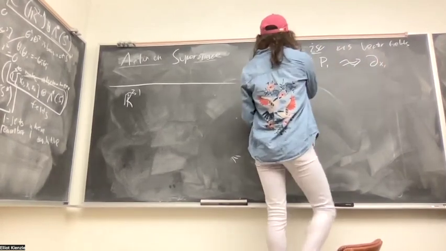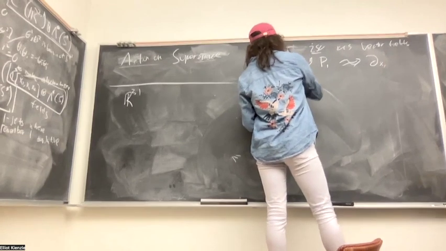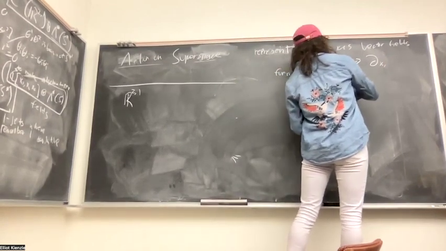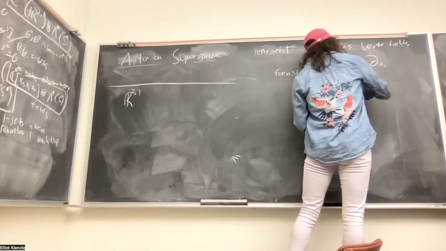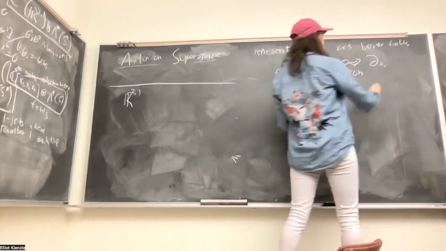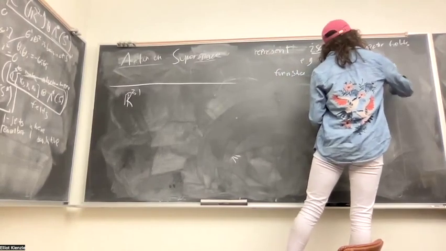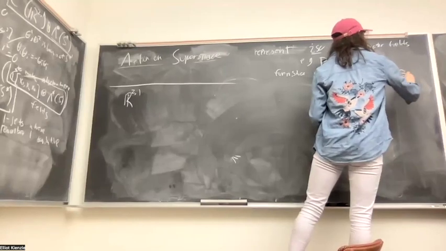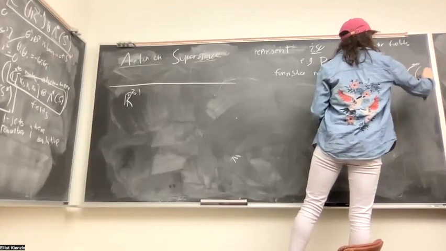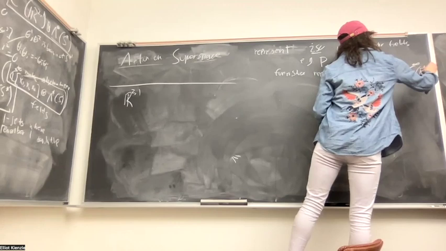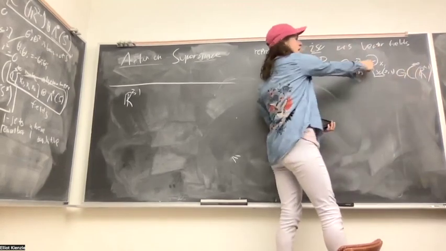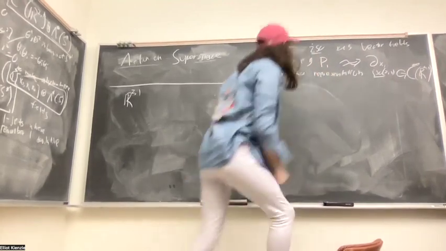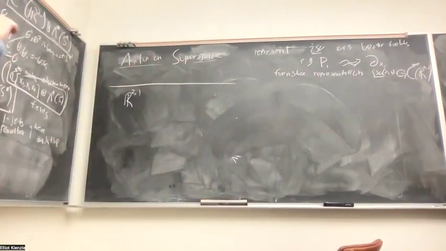Which in fact furnishes a representation in a technical sense of isometries of the Poincare algebra acting on functions. Because for every function I could just take its derivative along my given vector field. And this is the representation we're looking at.